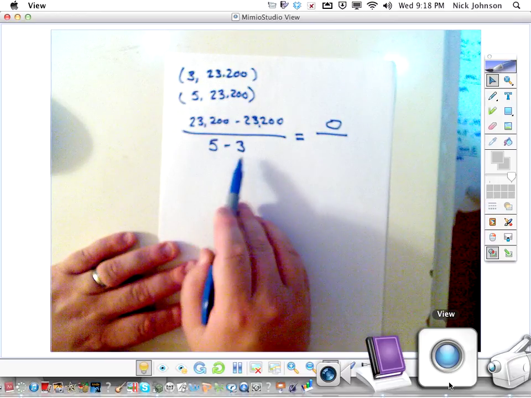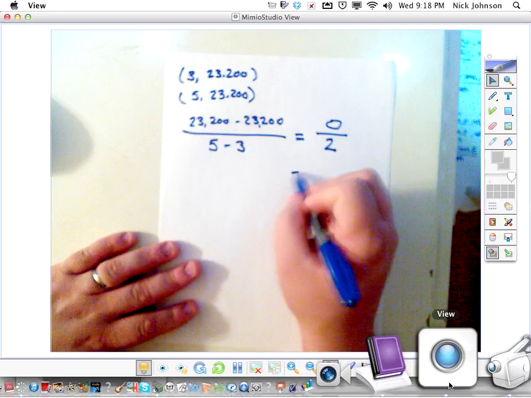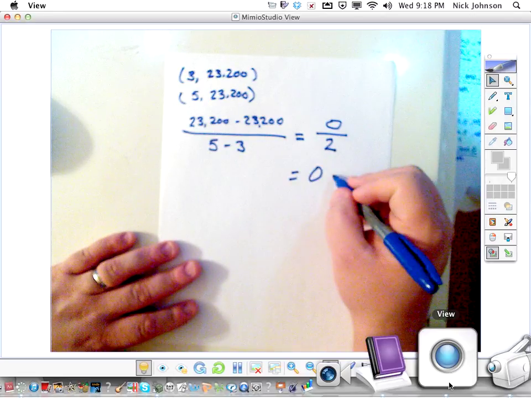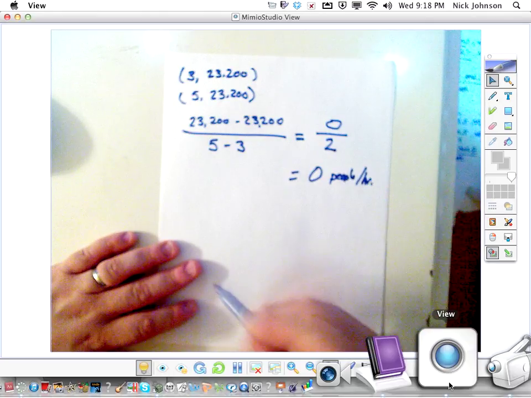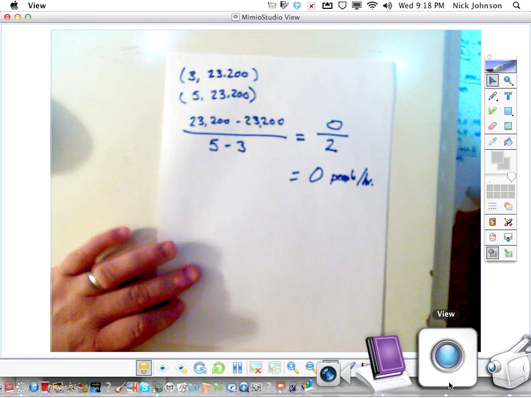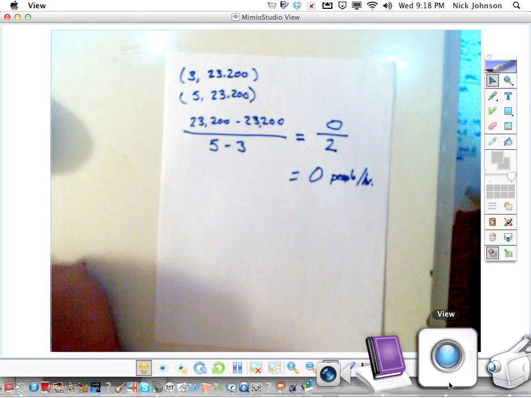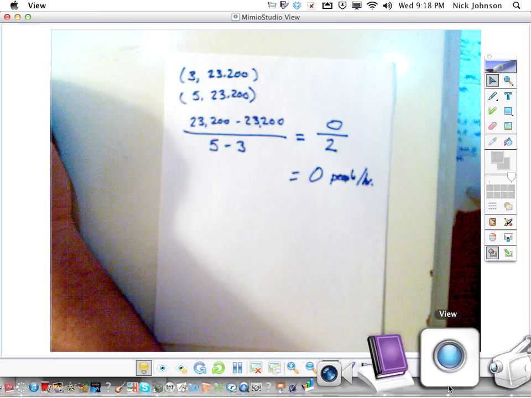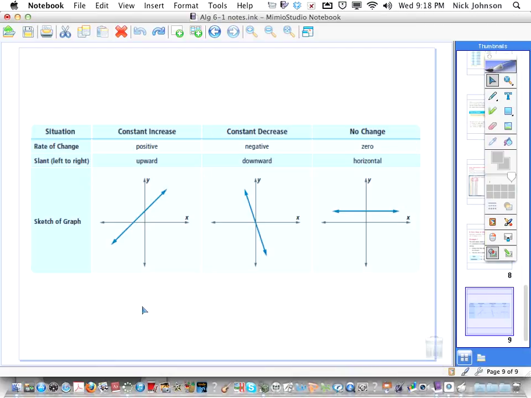Well, 23,200 minus 23,200 is going to give you 0. 5 minus 3 is 2. 0 divided by 2, obviously, is 0 people per hour. So our attendance did not grow or decrease during those 2 hours. Okay?